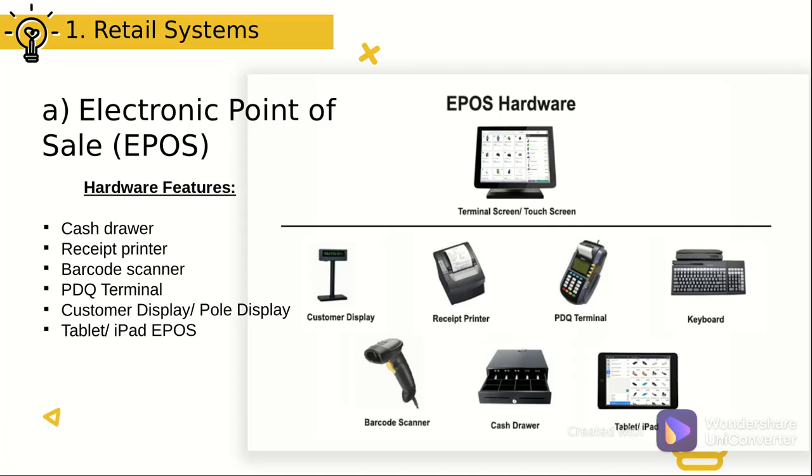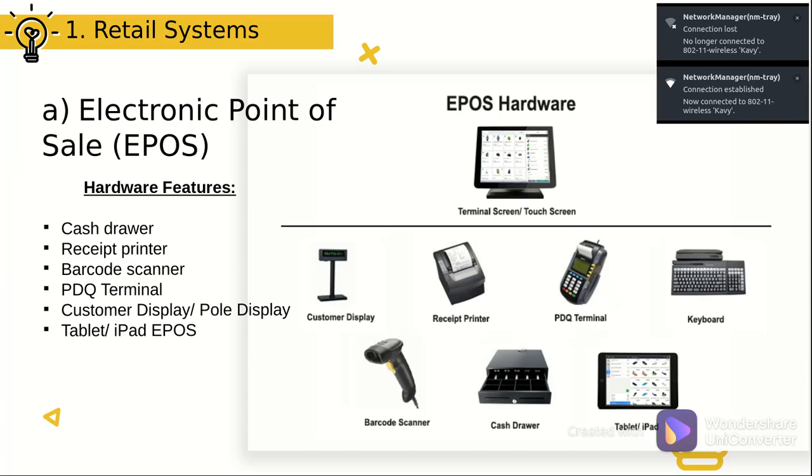However, the core, the main hardware components comprise a screen, or what you call a terminal screen, a keyboard, and a mouse. Just a standard screen, a keyboard, and a mouse. Additionally, EPOS hardware components may or may not include the following.